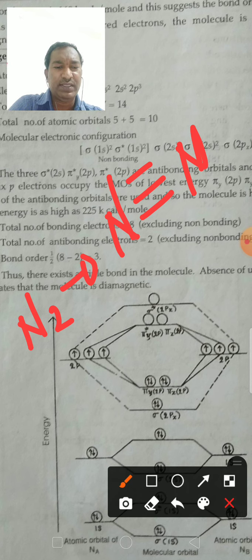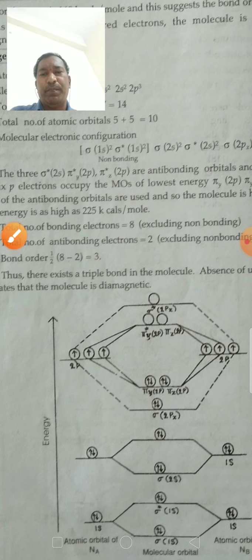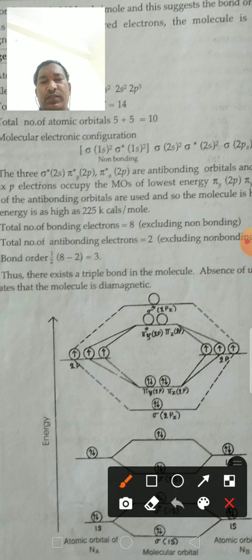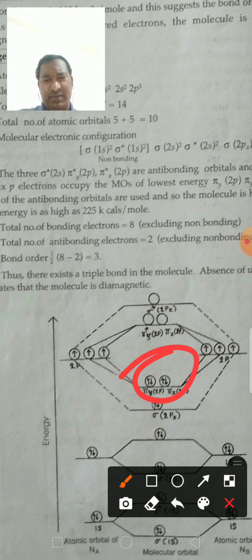Thus there exists a triple bond in the nitrogen molecule. In the nitrogen molecule there are no unpaired electrons. The highest energy orbitals are occupied by paired electrons, so there are no unpaired electrons. Hence it shows a diamagnetic nature.